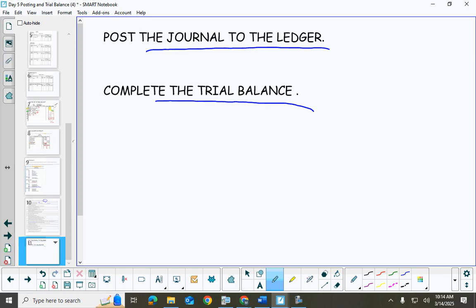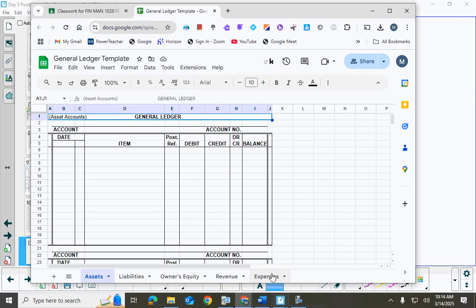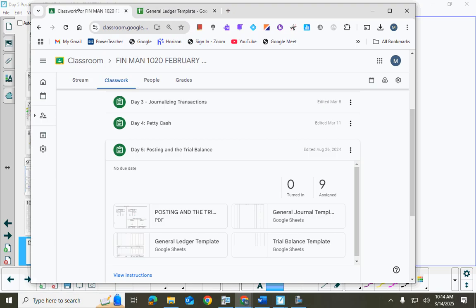So 3 steps. General journal first, then general ledger, then the trial balance. If you look at Google Classroom, you will see that there's the general journal, the general ledger, and the trial balance. So you do journal first, ledger second, trial balance last.